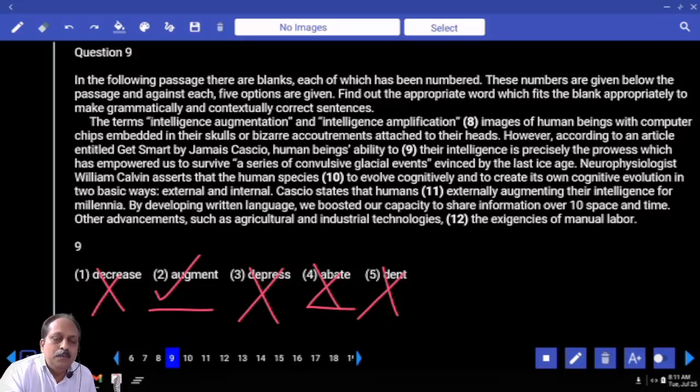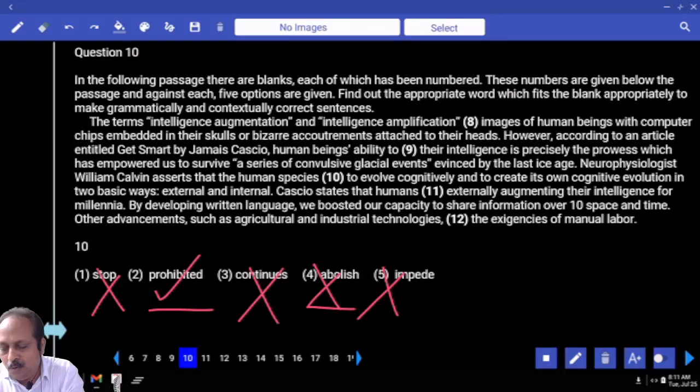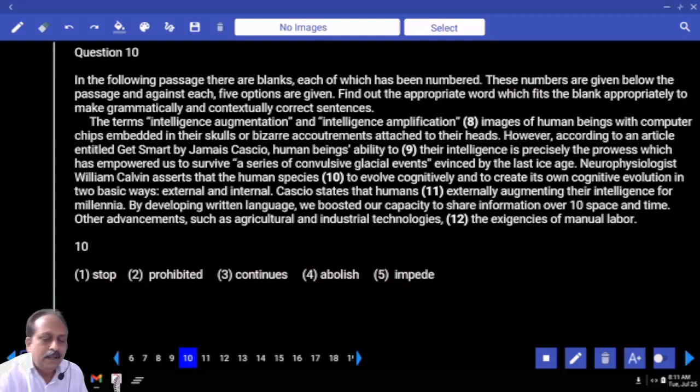Neurophysiologist William Calvin asserts that the human species, what? Stop, prohibited, continues. To evolve cognitively, underline to evolve cognitively. Based on that, what do you understand from the context? Past or present?